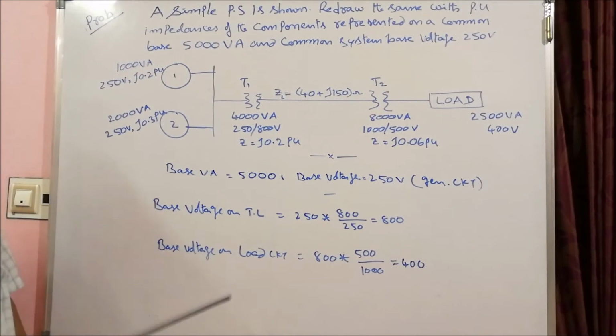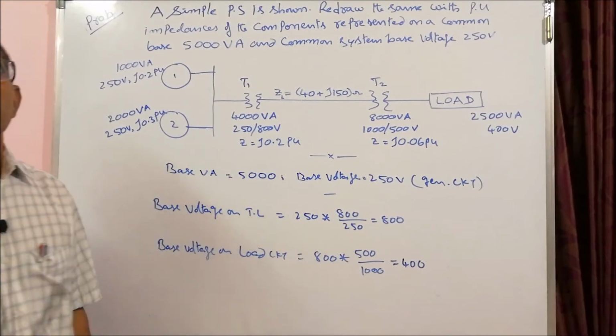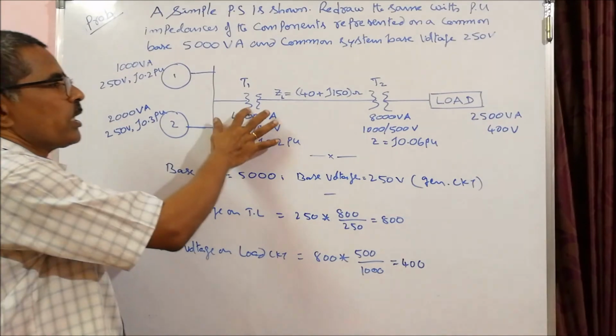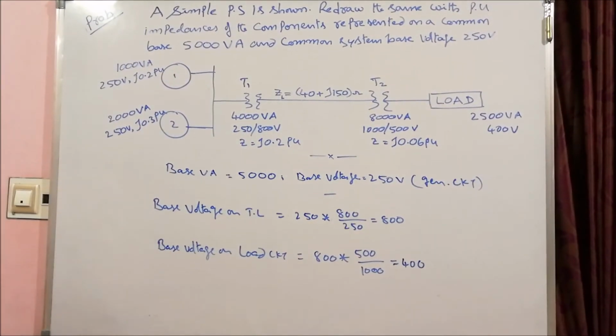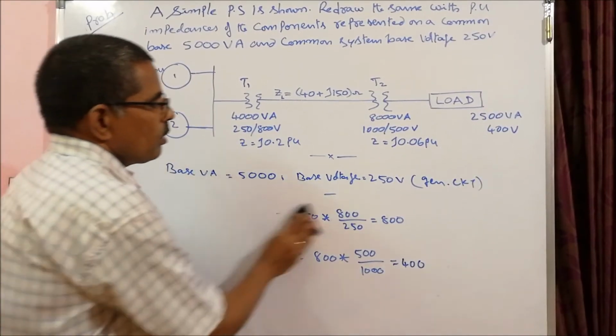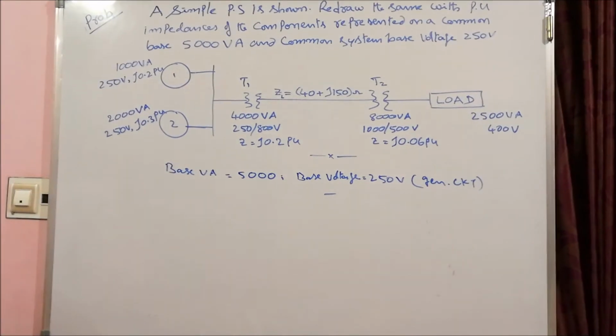And the base volt amperes is common for the entire system: 5000. Now try to transform all the values. There are six components. For all six components, calculate the new per unit values.